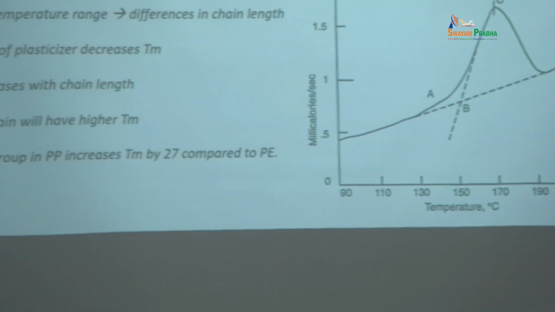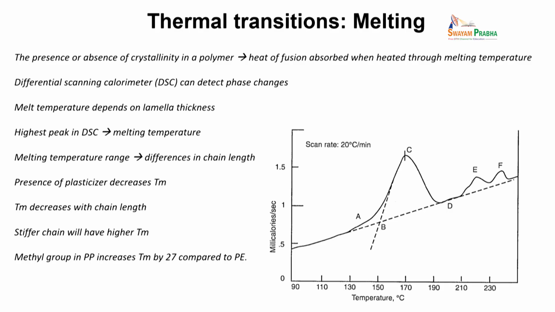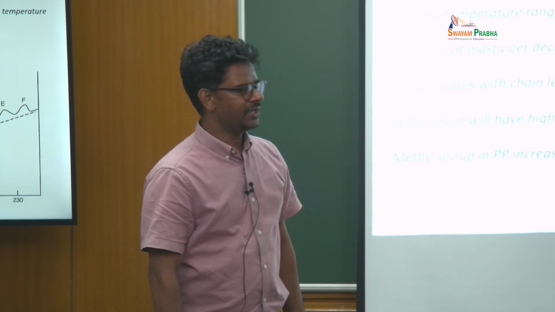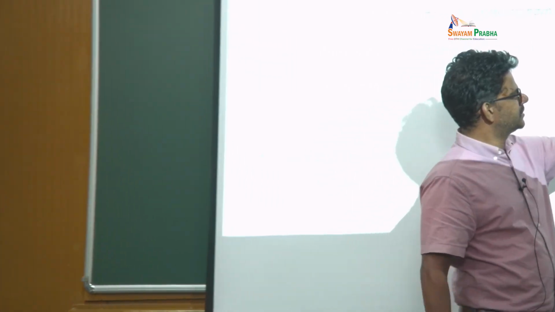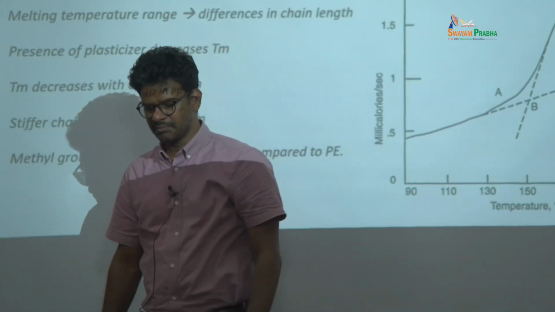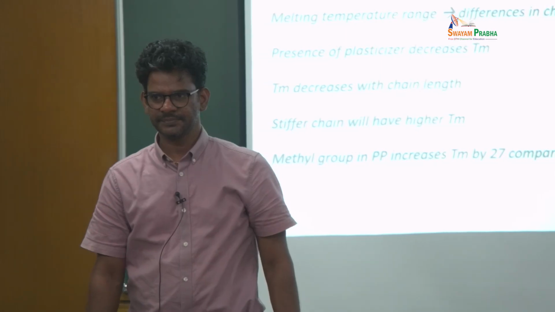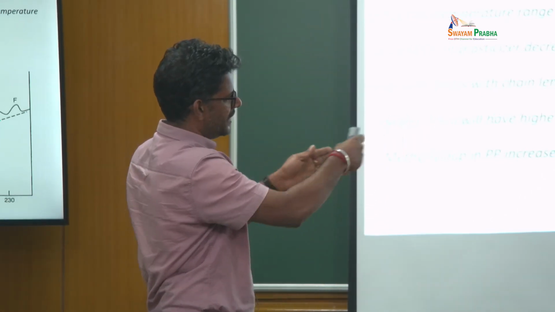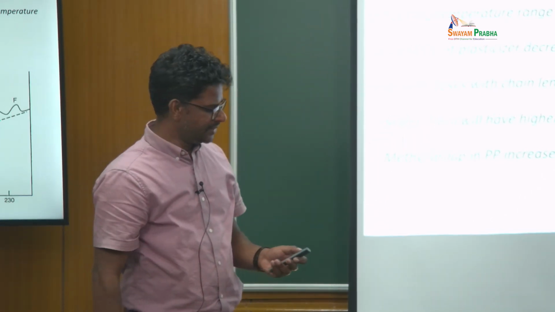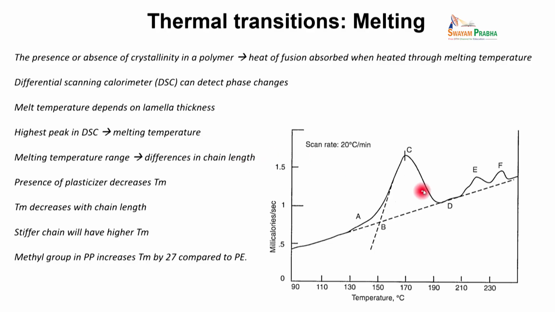So usually you do this differential scanning calorimetry, or DSC in short, and you look at these kinds of peaks. The temperature of the biggest peak is usually referred to as the melting temperature, even though there is going to be a range of temperatures. For practical reasons, we mention the temperature corresponding to the biggest peak as the melting temperature.